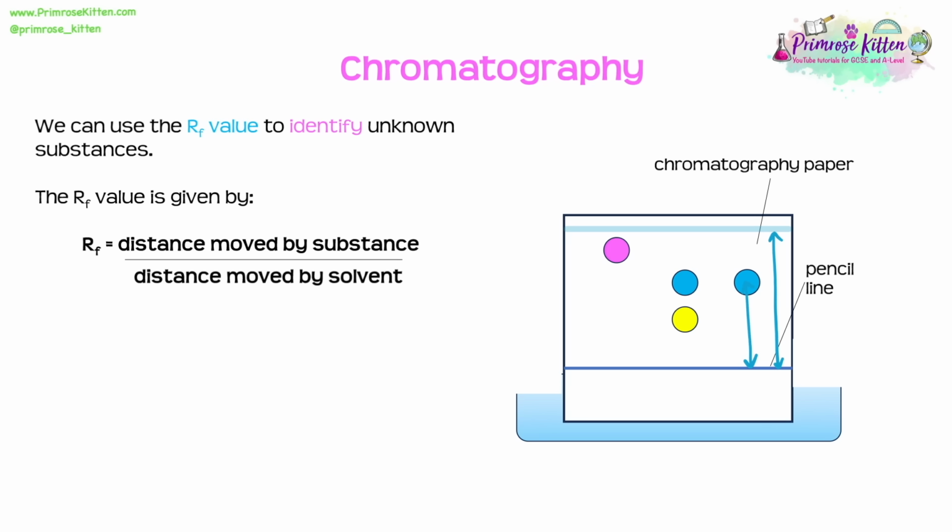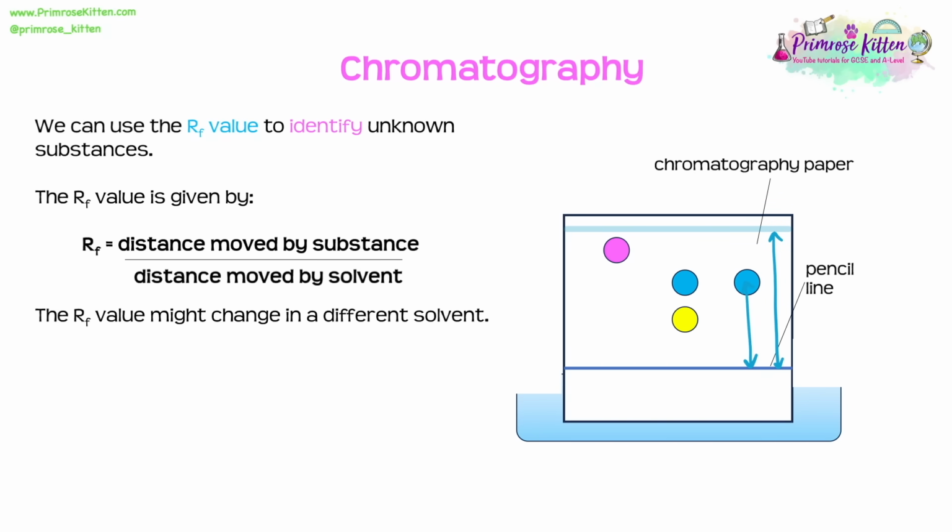And that again is going to be moving from that line up to the maximum distance that it has moved. And it should make that clear in the exam where the solvent's moved to. So remember, we're just going to use our ruler. Make sure you're consistent with using centimetres or millimetres for both measurements. It doesn't matter which one you choose. And then pop it into the equation and you'll get the RF value, which will always be a number between 0 and 1.